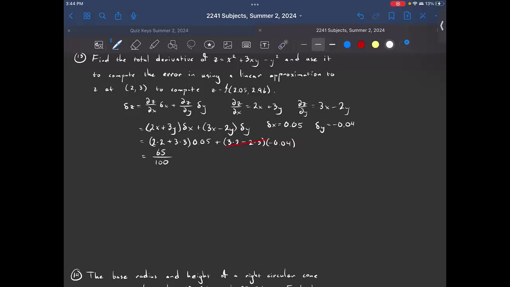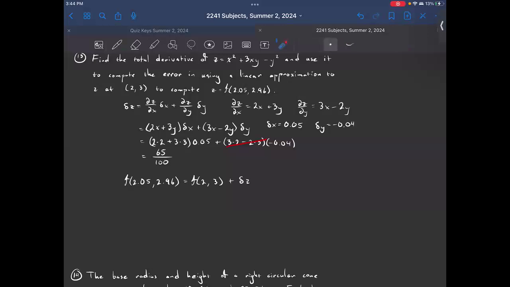And so z itself should be, let's see, maybe we should write f of 2.05, comma 2.96. It is going to be our original z value, f of 2, 3, plus this delta z now. So f of 2, 3 is, well, what is it?